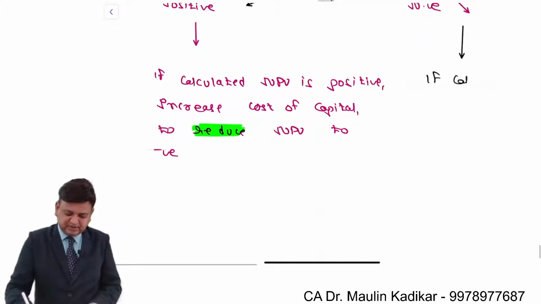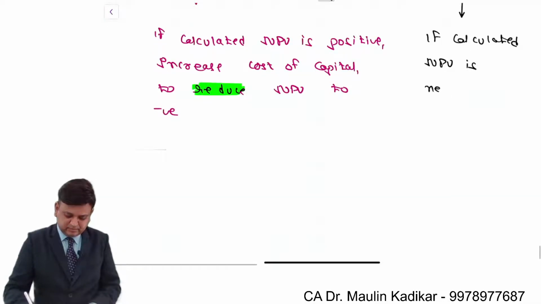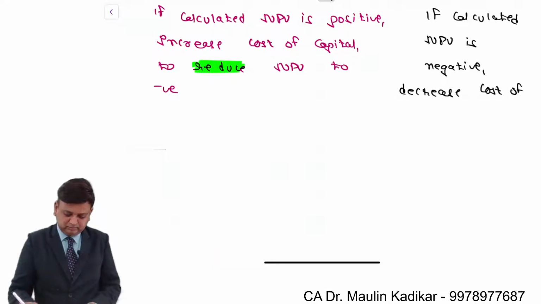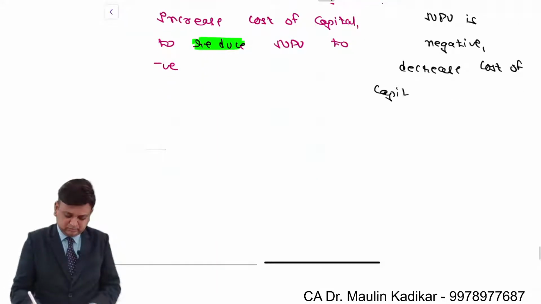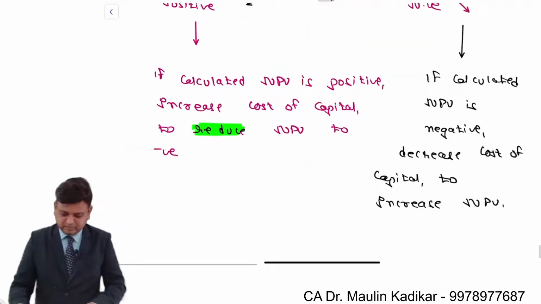If calculated NPV is negative, decrease cost of capital to increase NPV. Full stop.